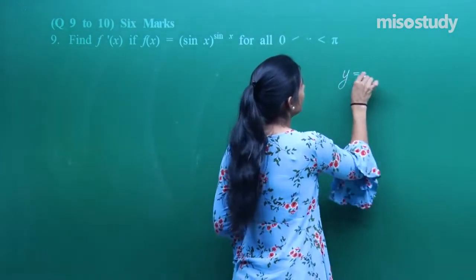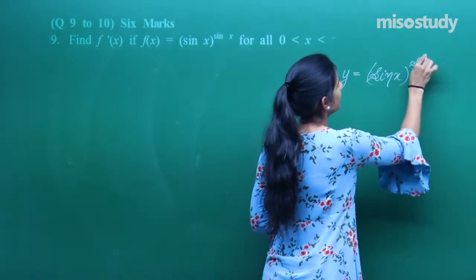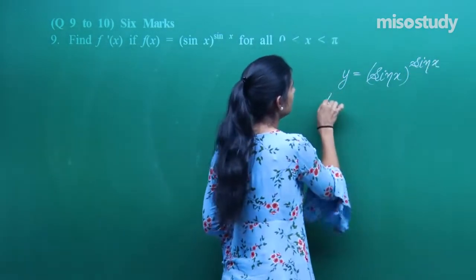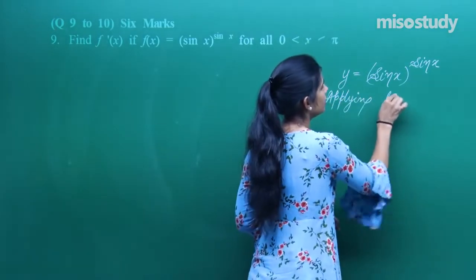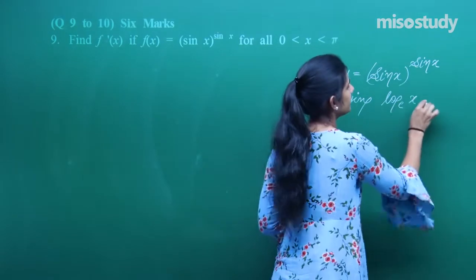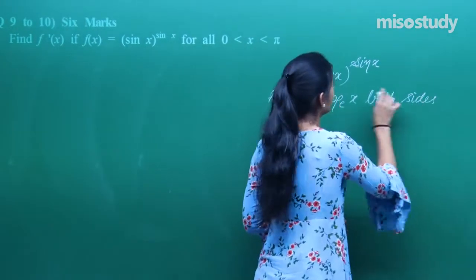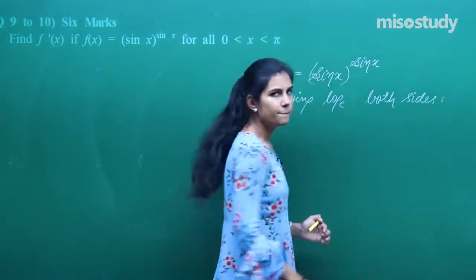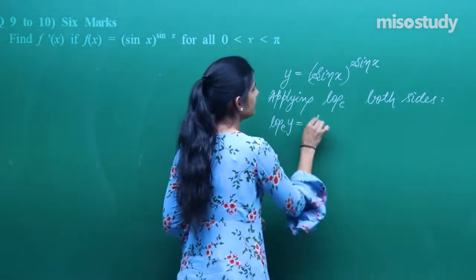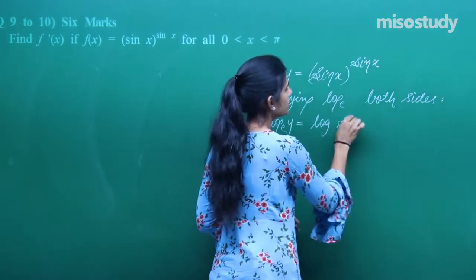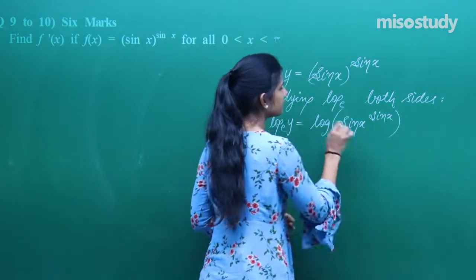So I have y as sin x to the power sin x, applying log x to the base e both sides. Applying log to the base e both sides, what you get? You get log y to the base e equal to log of sin x to the power sin x.